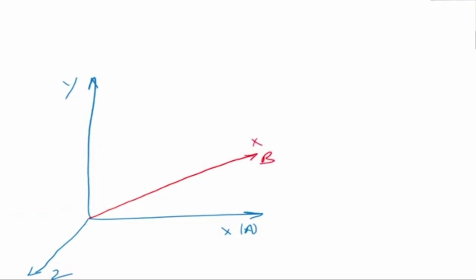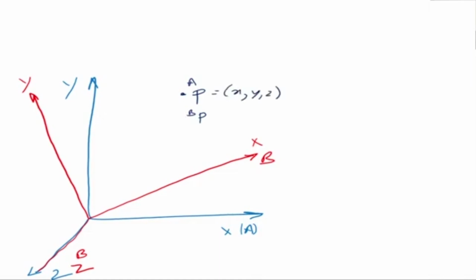So this is my x, this is my y, and this is my z. Frame B is red color. Now if you have a point P here, it will have coordinates in frame A as well as in frame B. So this is x, y, z, and this one is u, v, w.